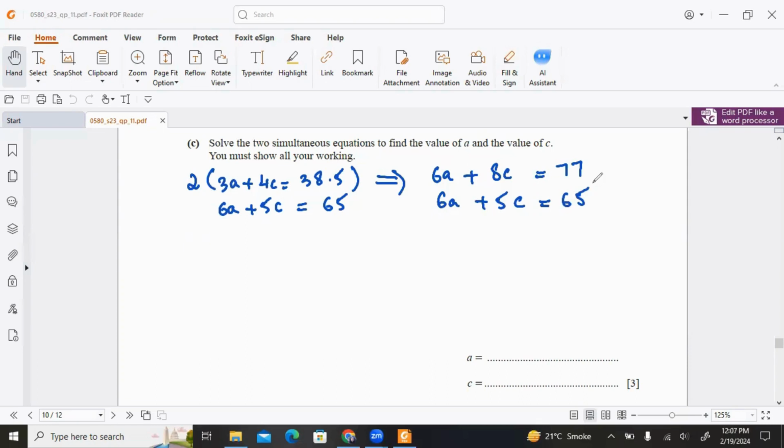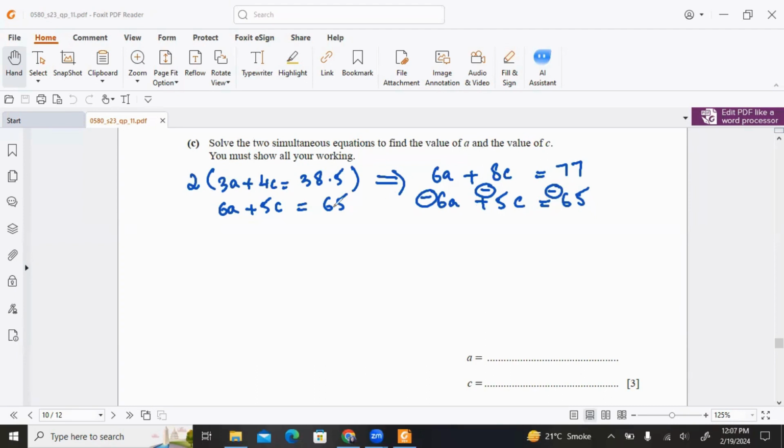Next step is to eliminate A. For us to eliminate A, we need to see if the signs are opposite or not. In this case, 6A is positive in both the first and the second equation. So I'm going to change the signs of the second equation: if they were originally positive, now they become negative, and if they were originally negative, they would be positive.